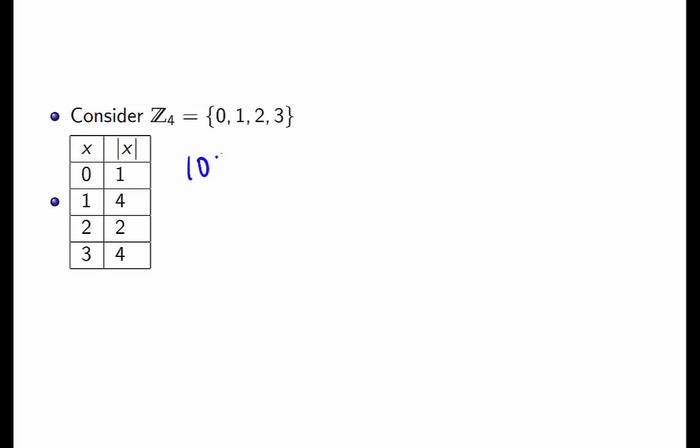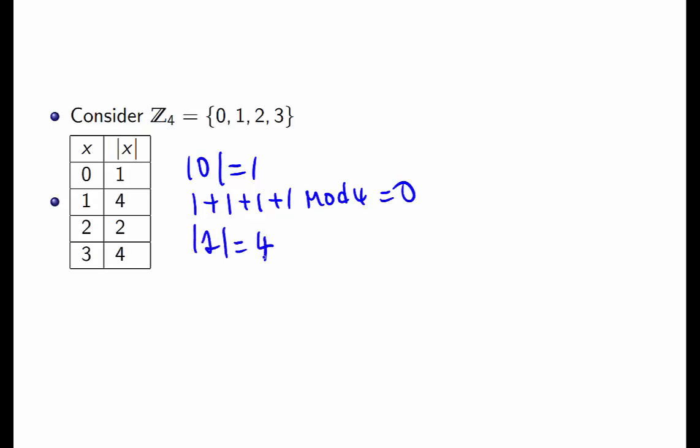The order of 0 is 1, right? Because 1 is the smallest number such that when you add 0 to itself, you get 0, which is the identity. The order of 1 is 4, because 1 plus 1 is 2, plus 1 is 3, plus 1 is 4, but 4 mod 4 is 0. So the order of 1 is indeed 4.